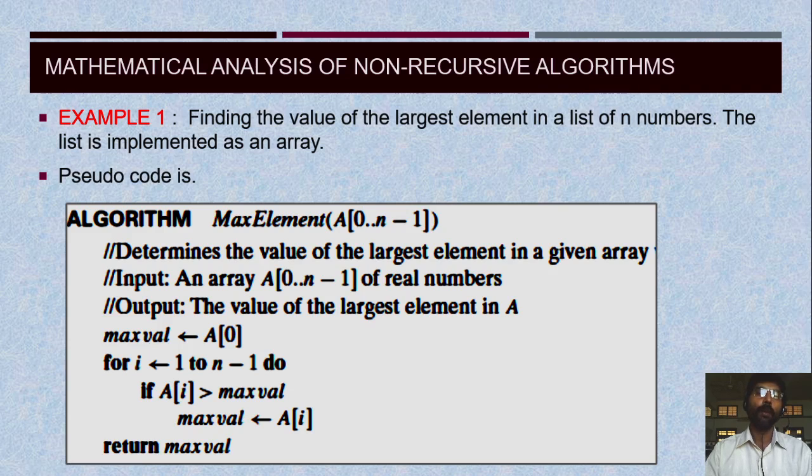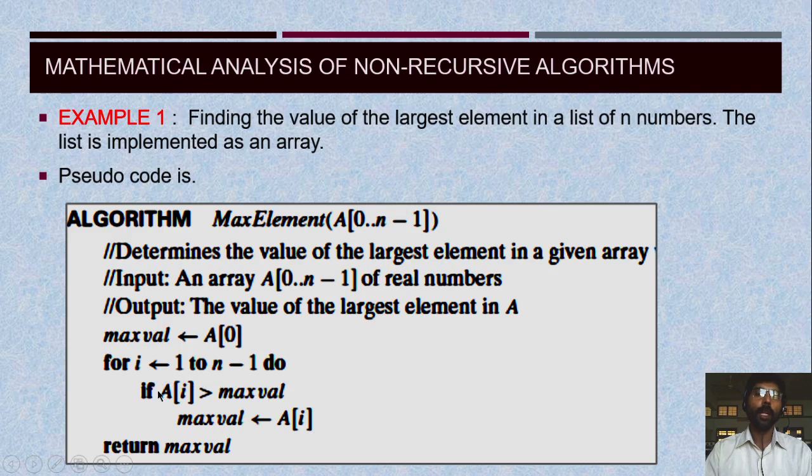So I apply a for loop here. The for loop starts from the second element to the last element of the array. In the for loop, I have a condition check. Each element of the array is compared with the largest value, maxval.